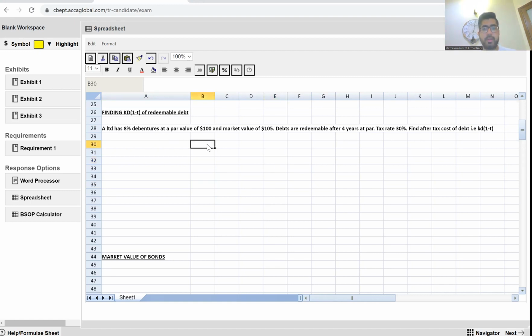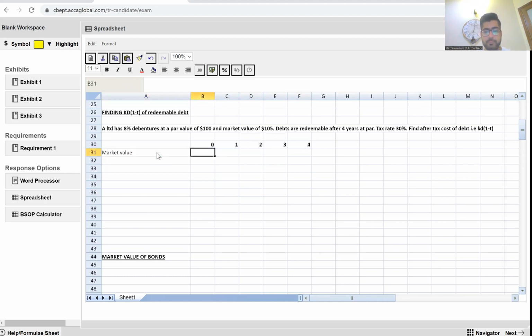Now you used to say, okay, so debt is redeemable after 4 years, 0, 1, 2, 3, 4. Since it's a redeemable debt, you have made up your mind that the tutor taught you that for redeemable debt, if you need KD, IRR. There are 3 transactions. One, market value.